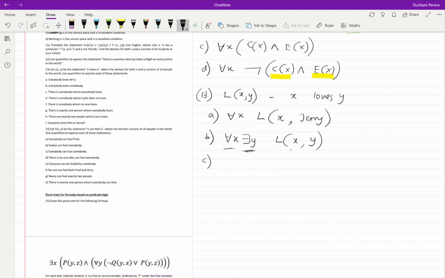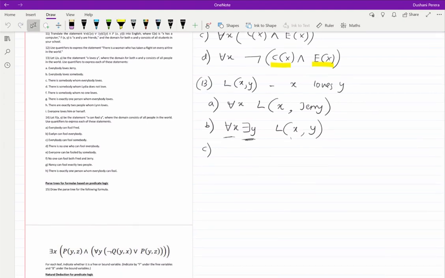See, there's somebody whom everybody loves. So this is a bit tricky. There's a particular person whom everyone loves. So there's just one person whom everyone is loving. So in this case, we have to first take some first. Some y should come first.